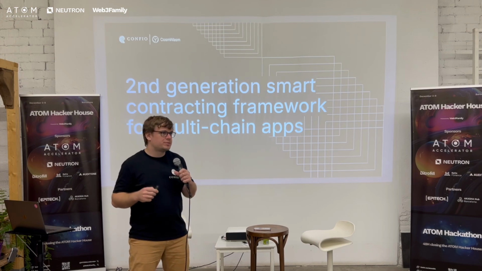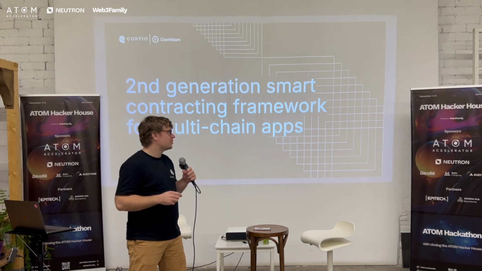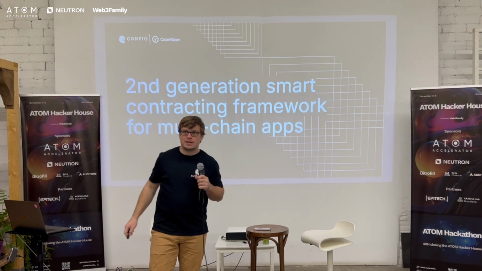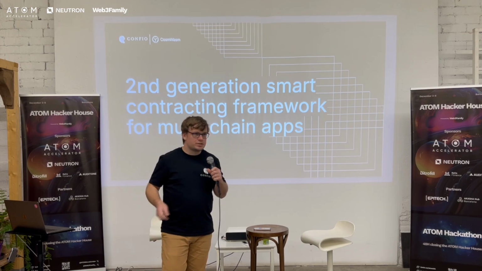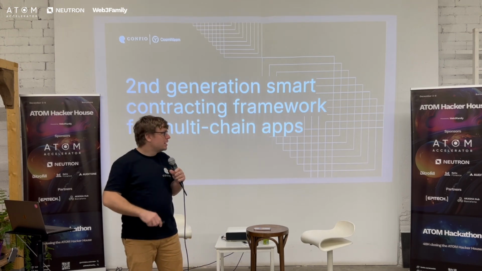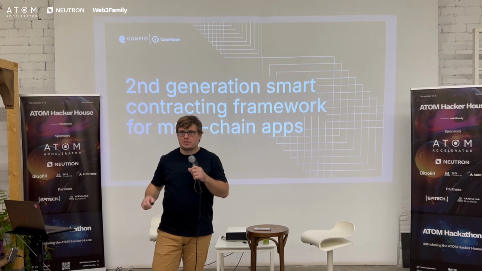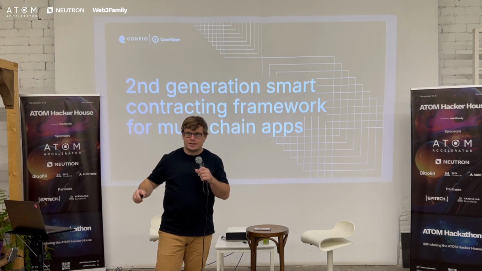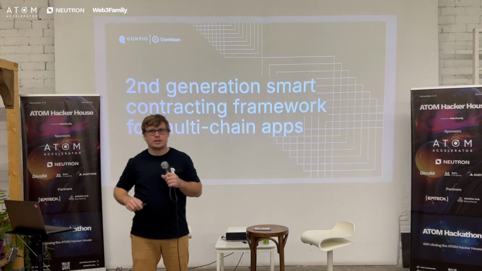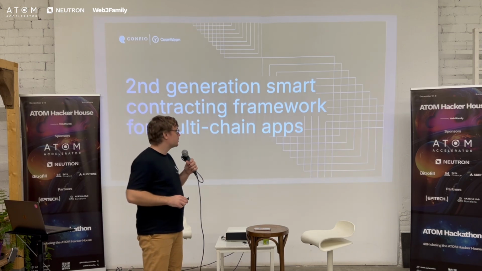But many of those blockchains use CosmWasm. For example, this event here, which is sponsored by Neutron, is entirely based on CosmWasm. We have Atom Accelerator representing the Atom blockchain that is using CosmWasm as well to enrich the functionality that you have on this blockchain.